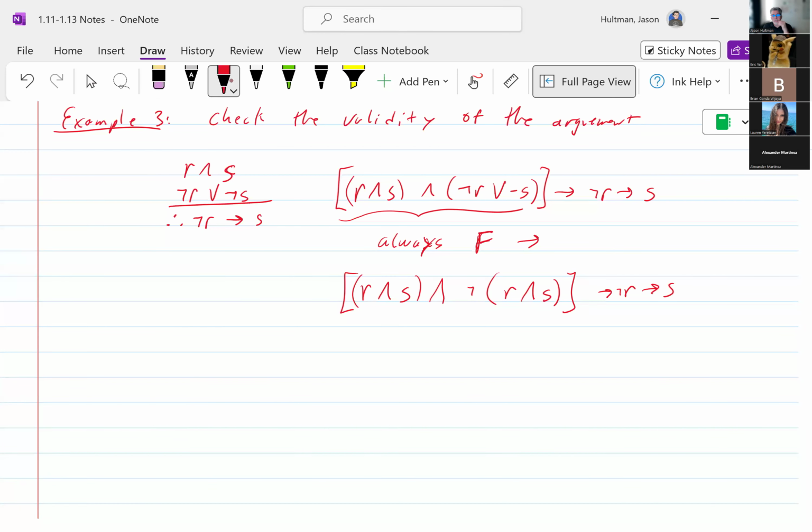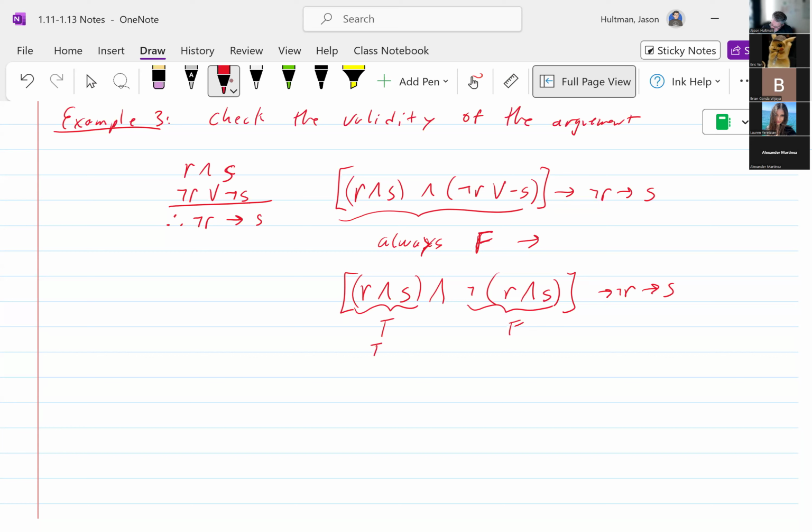Okay, so this is always false because we can pull out that negation. And what does this mean? This means that if I take R and S and I combine it with its opposite, so if R and S is true, then its opposite is false.